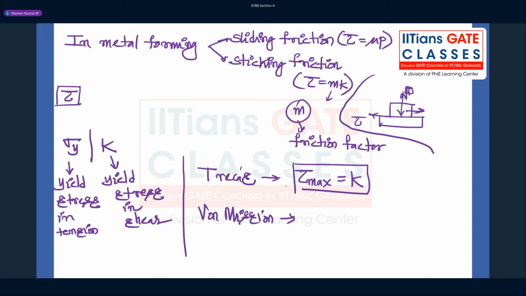According to Tresca's criterion, if you just want to relate these two, then k is equal to sigma y by 2. And according to von Mises, k is equal to sigma y by root 3.